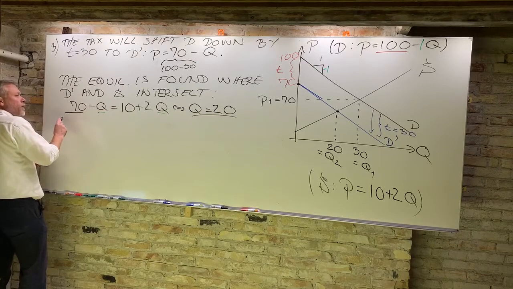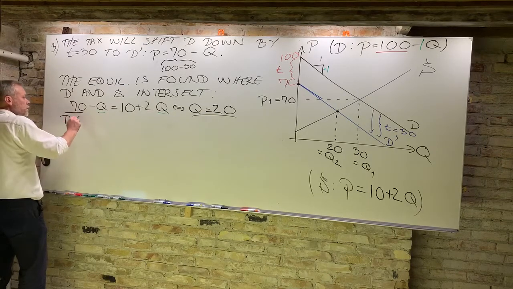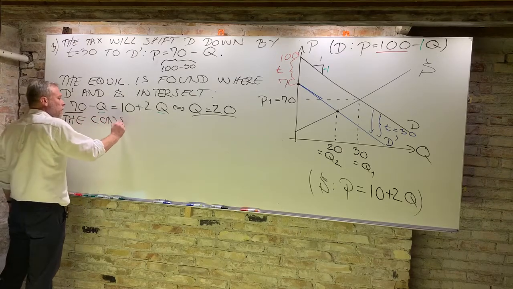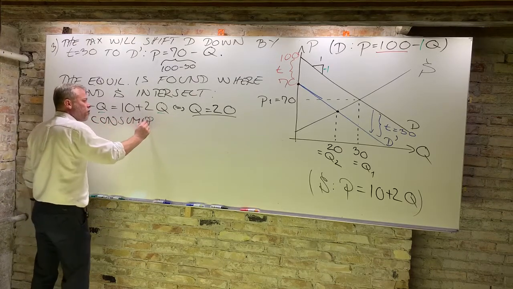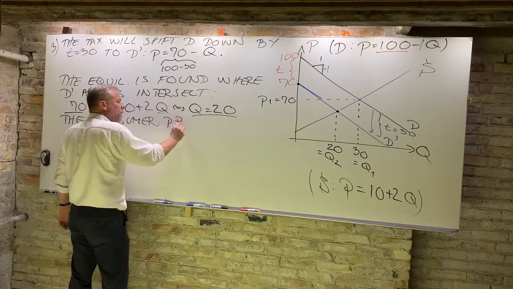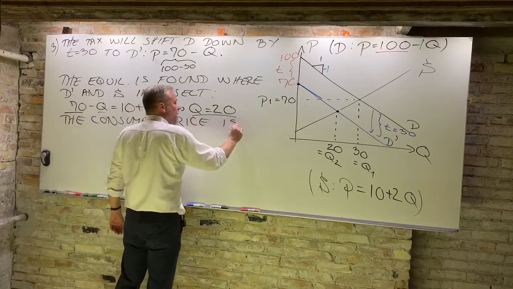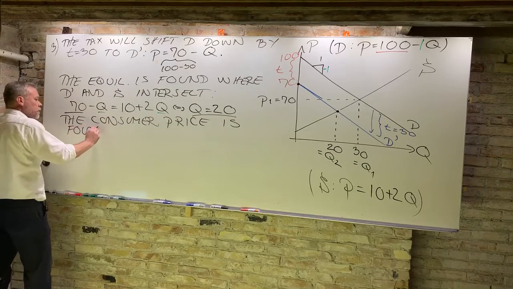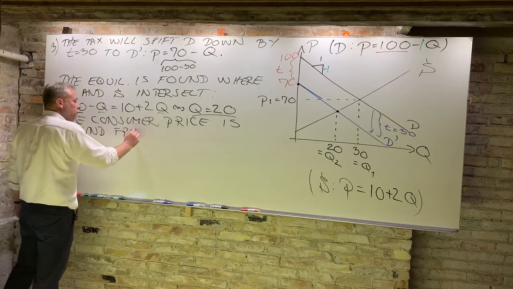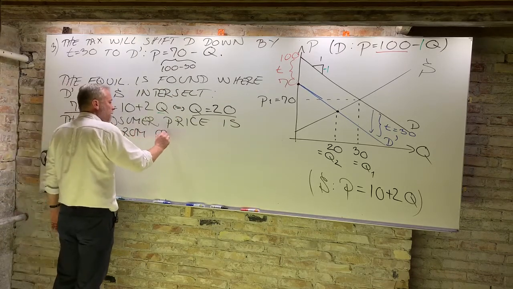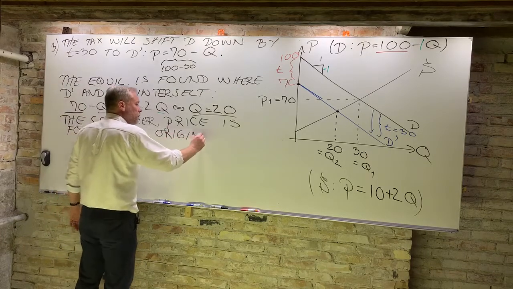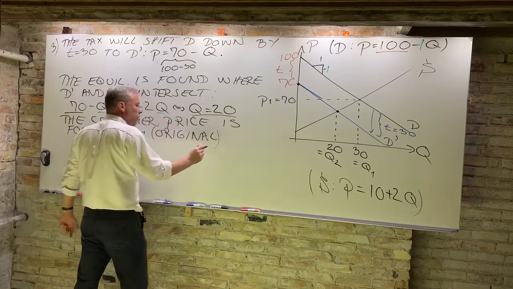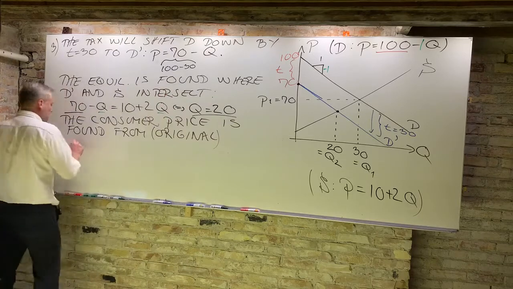I say that when we now want to find the consumer price, that means the price paid by consumers in total, then it is found from, and then I write here in a parenthesis, original demand.